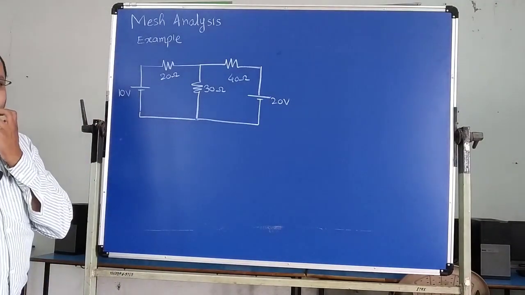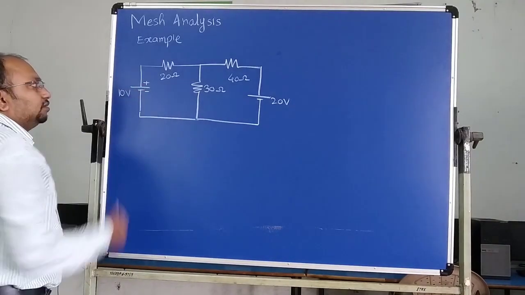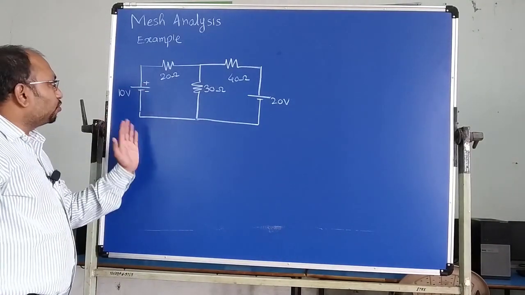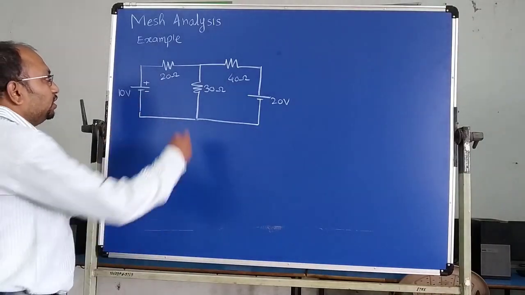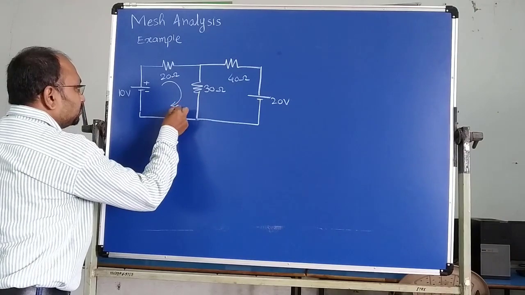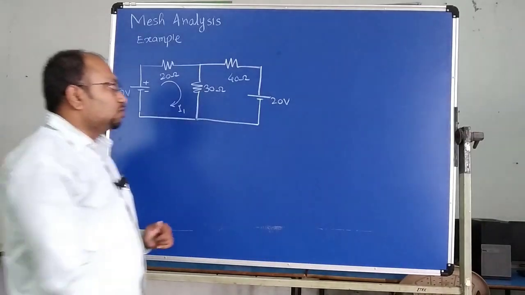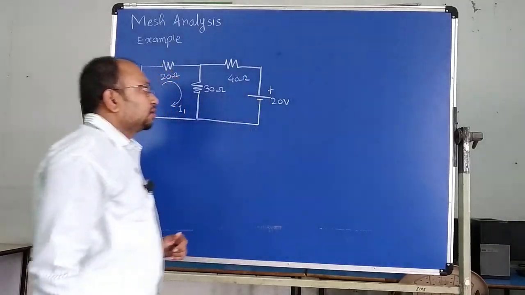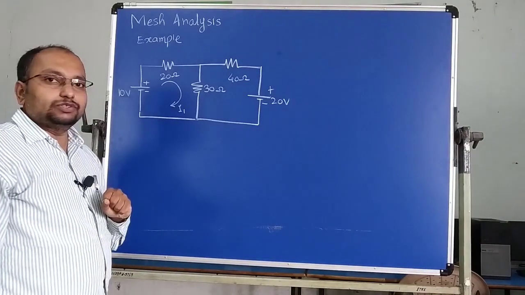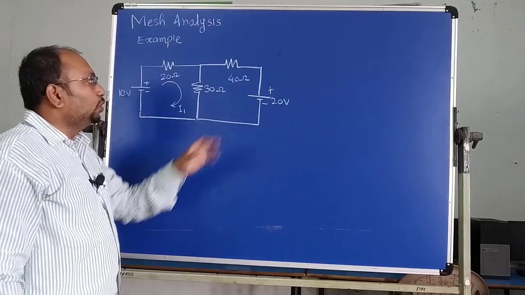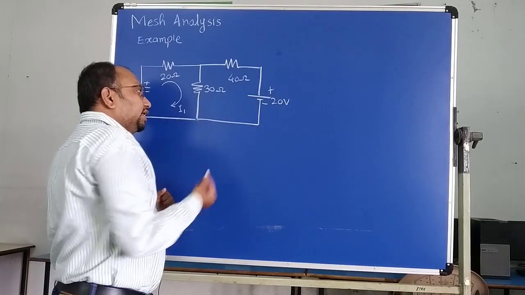Fine. Now let us take the current directions. Definitely we know that the current always flows from the positive terminal of the battery to the negative terminal of the battery. So let us mark this current direction as clockwise. In this loop also a voltage source is present, and because of that voltage source the current is going to flow through this loop, so we have to take the current direction.